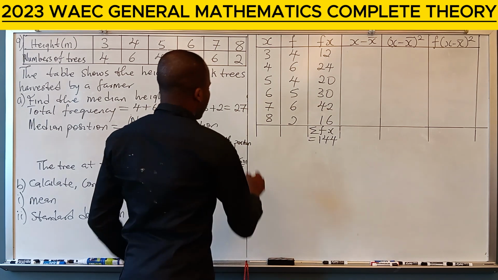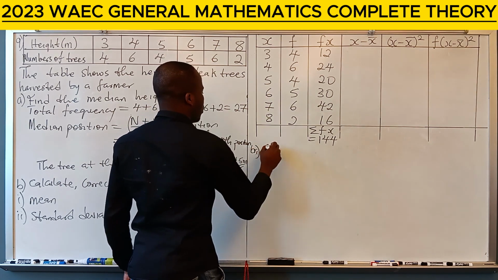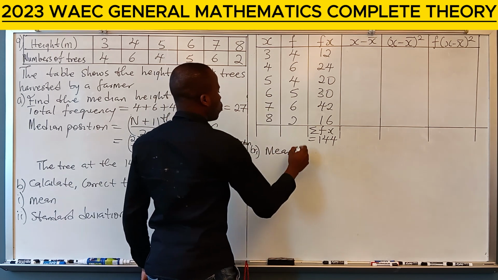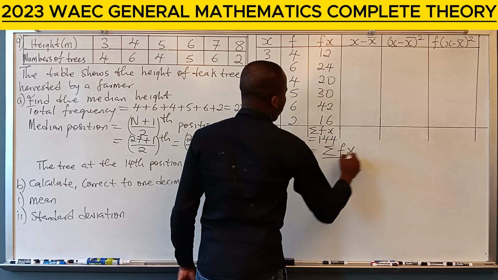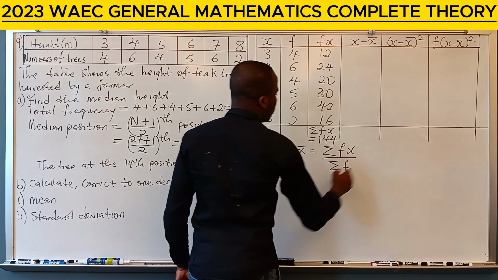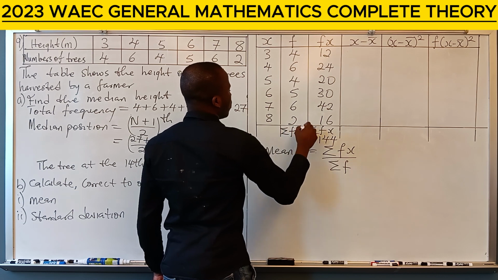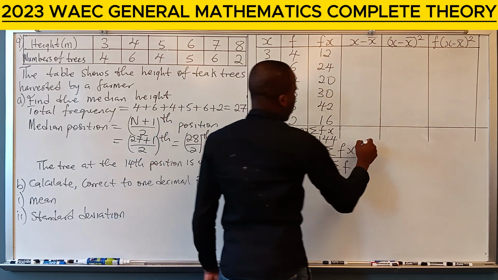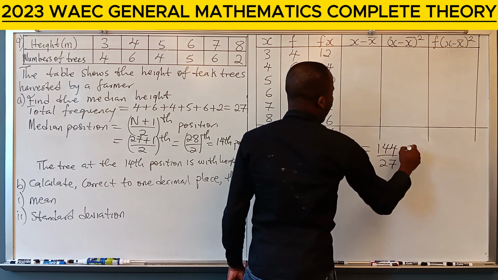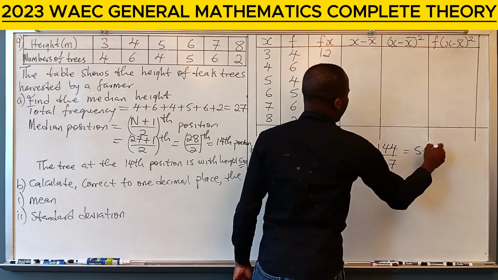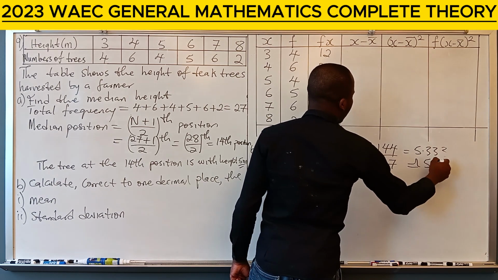And so the mean, as we all know, is given as summation of fx over summation of f, which is n. Summation of f we have gotten as 27. And so this is 144 over 27. And when we divide this, we'll have 5.333, which is approximately 5.3.